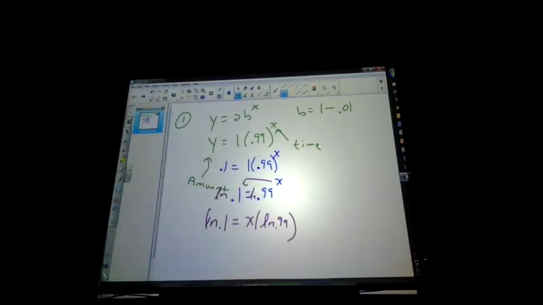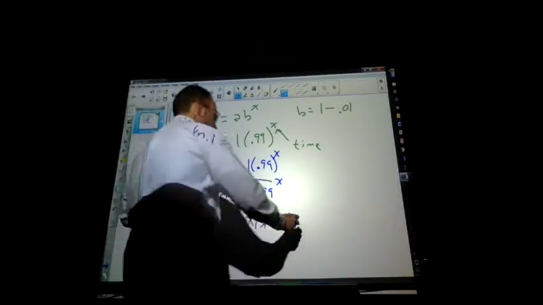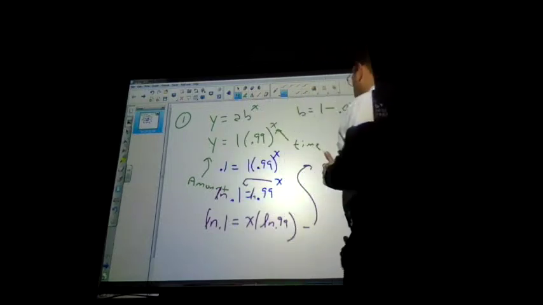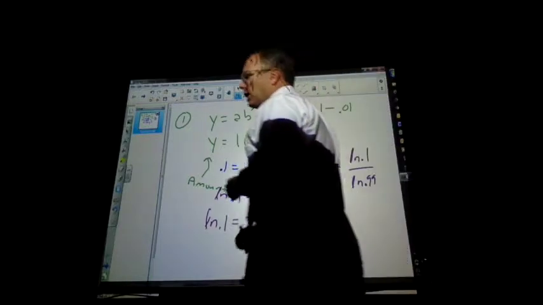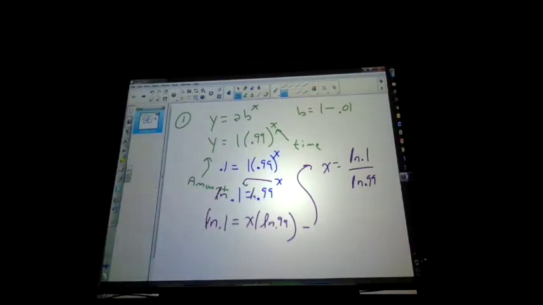Okay? How do I get ln 0.99 to move over? Divide. So I'm going to divide each side by ln 0.99. So x is going to be equal to ln of 0.1 divided by ln of 0.99. Plugging this into your calculator, it should deal with it nicely. And again, natural log brings the exponent down front.